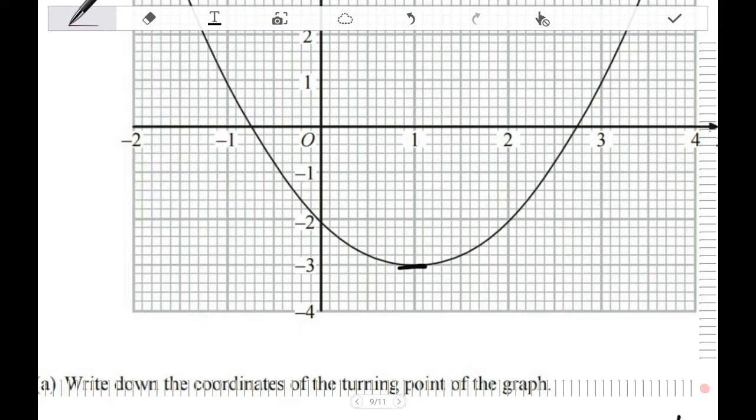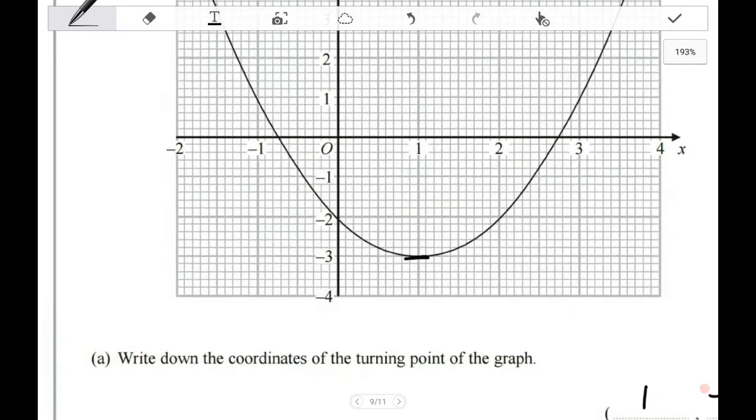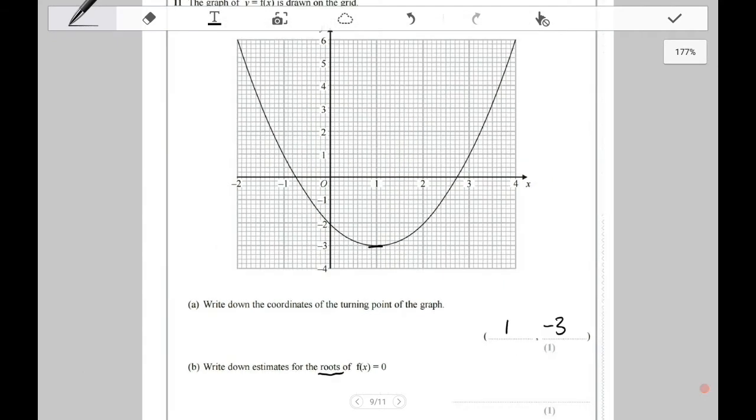Okay, so I can see here that each square represents 0.1. So 0.1, 0.2, 0.3, 0.4, 0.5, 0.6, 0.7. So it's between 0.7 and 0.8. We can go with 0.75.